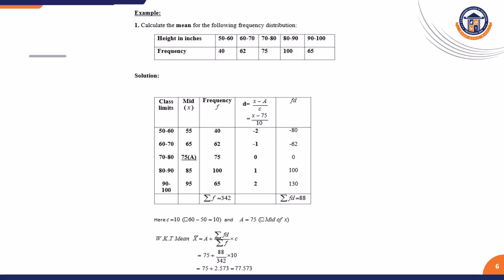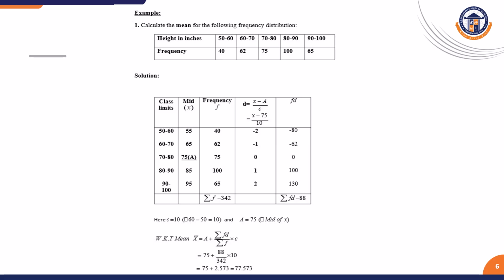So X is this, and capital A is also marked. What about the C? C is the length of the interval. Here the length of the interval is 60 minus 50, which is 10. Similarly 70 minus 60 is the same. The length is the same for all these class limits. Now we substitute. How to find this minus 2? The x value is 55 minus 75 by 10, which is minus 2.